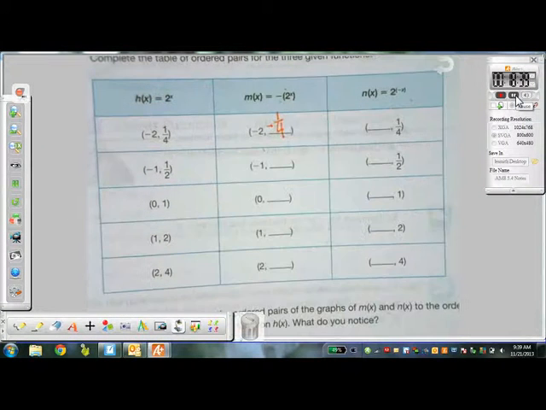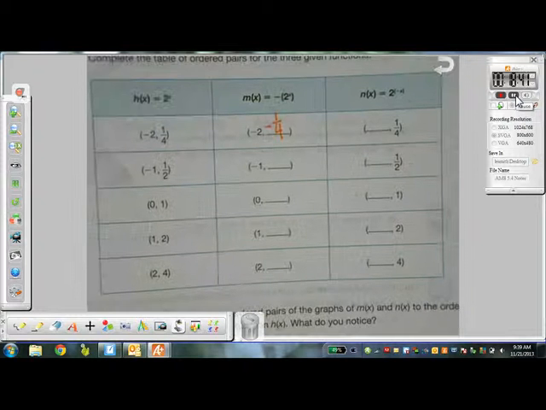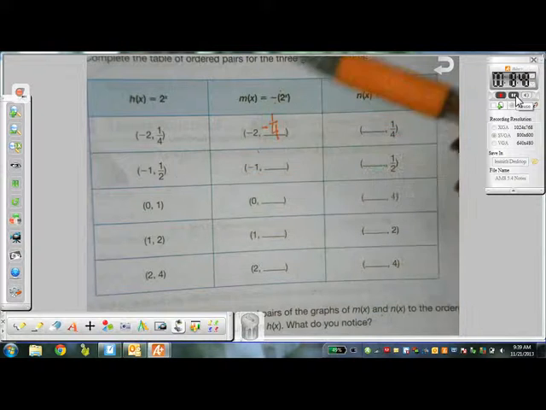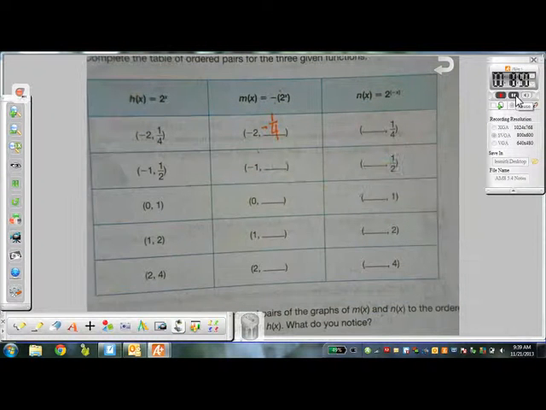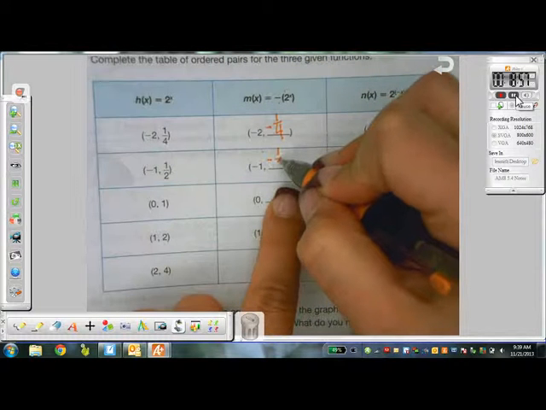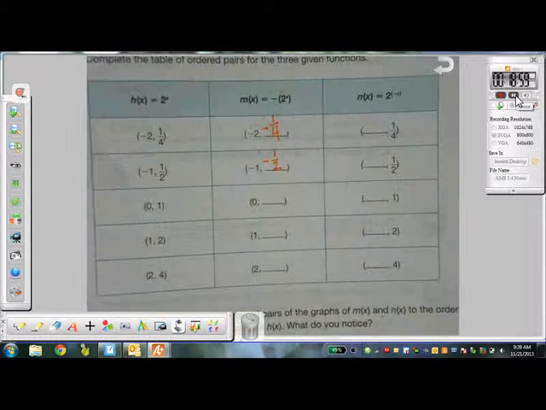That's how we graphed it off of the graphing calculator. So if I plugged in negative 1, in my basic function I got 1/2. If I were reflecting it over the x-axis, that changes my y value to negative 1/2. What about 0?